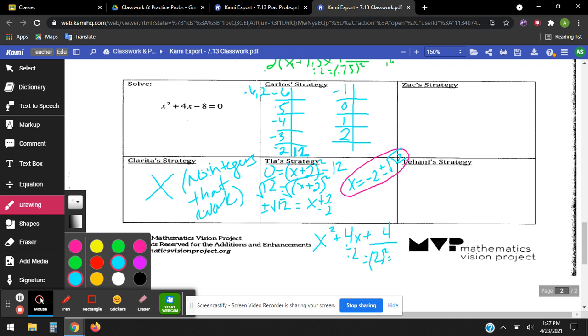All right. So I can plug in -1. -1 plus 2 is 1. 1 squared is 1, minus 12 is -11. And 0 plus 2 is 2. 4 minus 12 is -8. 3 squared is 9. 9 minus 12 is -3.